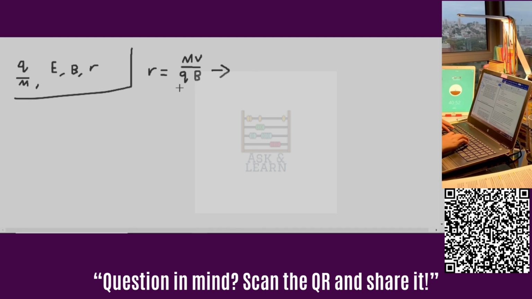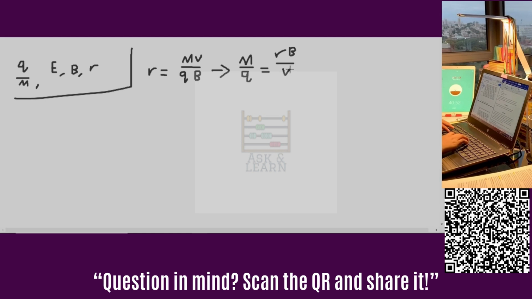So this equation becomes, well, we can first get the m and the q alone. I'm going to invert the equation. I'm going to put the q and the m over on this side. To get it by itself, we need to multiply both sides by B and divide both sides by v. After doing that, we end up with r times b divided by v.